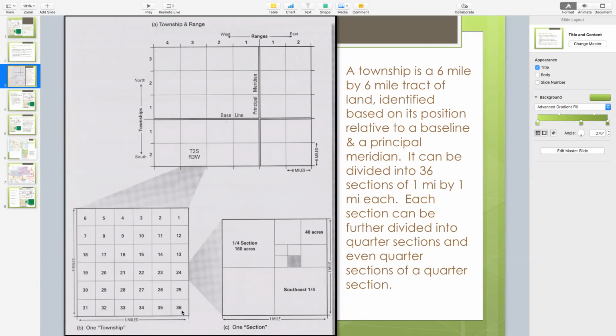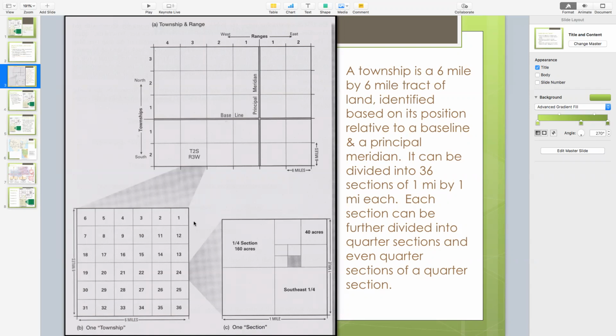So what we see here is township 2 south, range 3 west, divided into 36 1-mile by 1-mile sections.